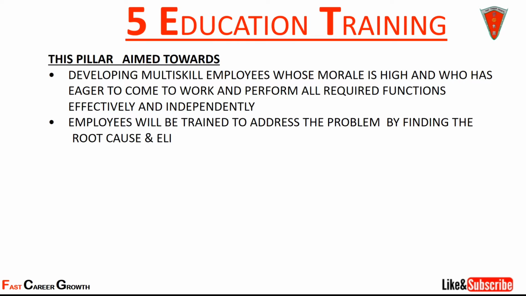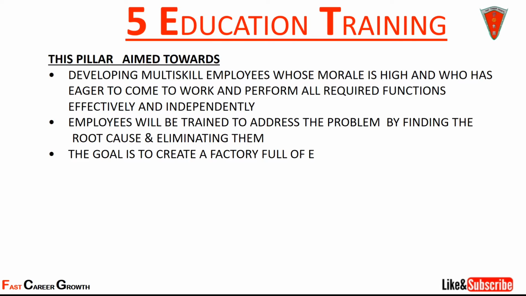And the last goal is to create a factory full of experts. That means you have to make a factory of expert operators, expert supervisors. All these things can be done after implementing education and training.